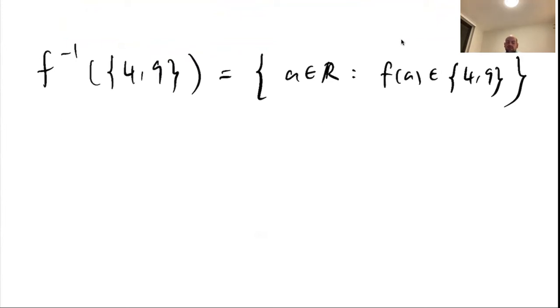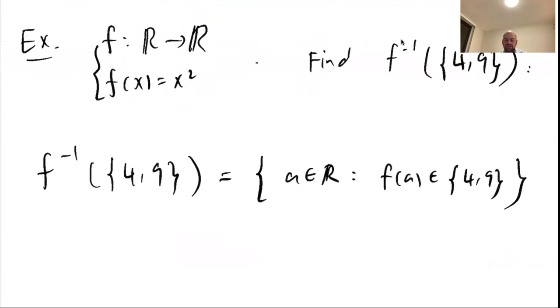So think about it. f of x is x squared. Which elements in the domain are going to be mapped to an element inside {4, 9}? Let's think about the elements in the domain. For example, 0 is one of the inputs. Is 0 going to be mapped to something inside {4, 9}?